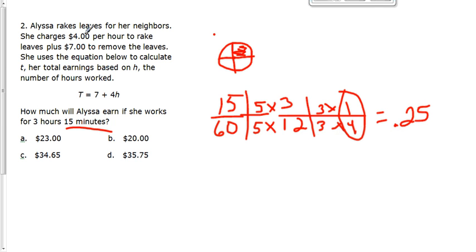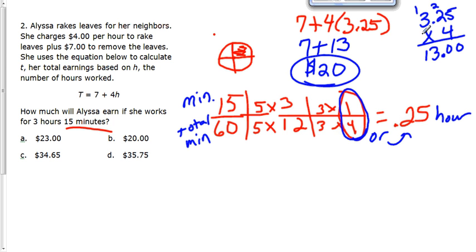So all I have to do now is plug into my equation. $7 for the removal plus $4 per hour. So she's working 3.25 hours, 3 and 25 hundredths of an hour. So go ahead and pause the video and try to set up your own work and then check it.